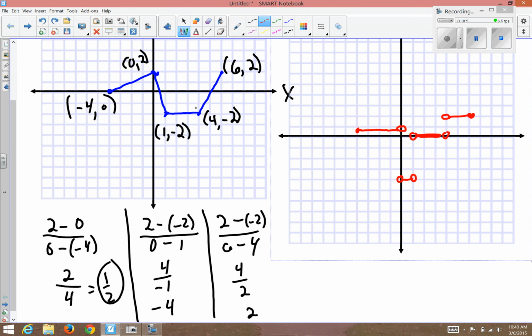The next piece has slope 0. That's demonstrated right here. And the last line segment has slope 2. That's what this last part is at, y equals 2. So the blue graph is y is equal to some function of x. This red thing here, this is y equals f prime of x.